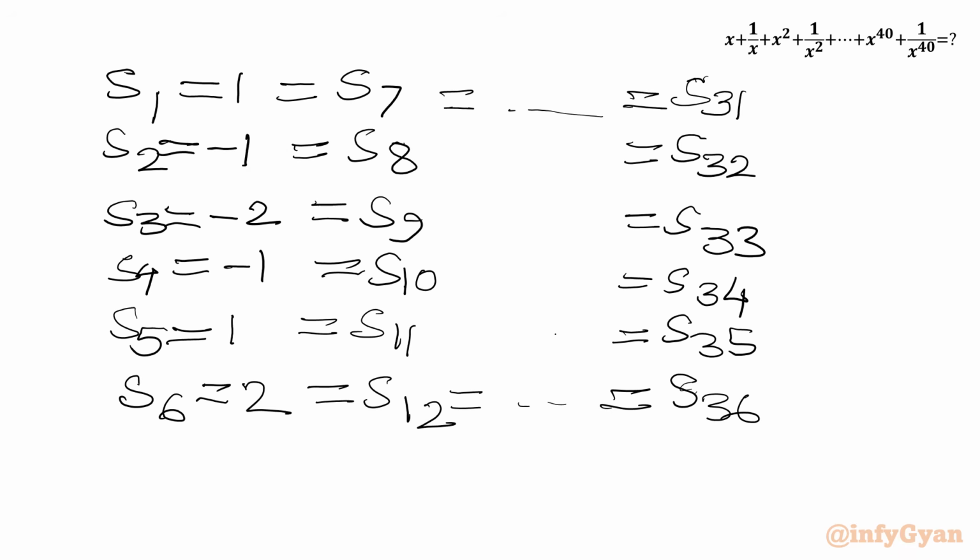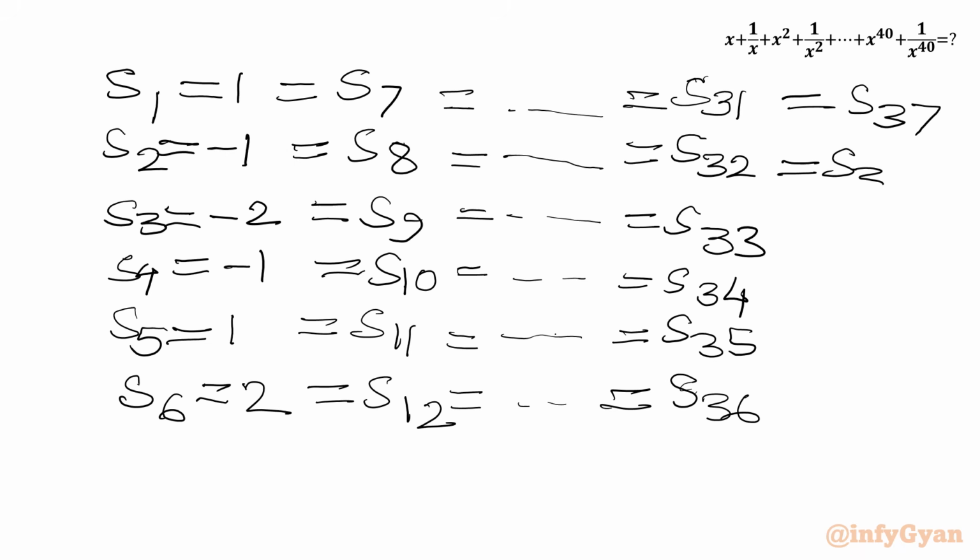But in our required expression, we have S40. So we have to write over here S37, which is S1. S38 would be S2. S39 would be S3. And S40 would be S4.